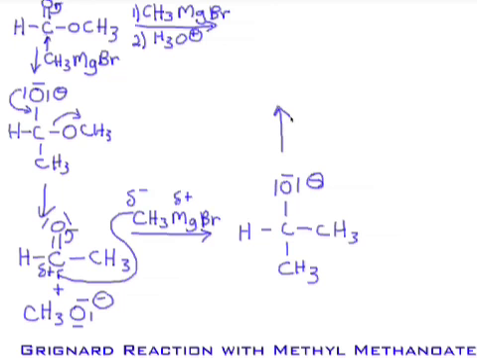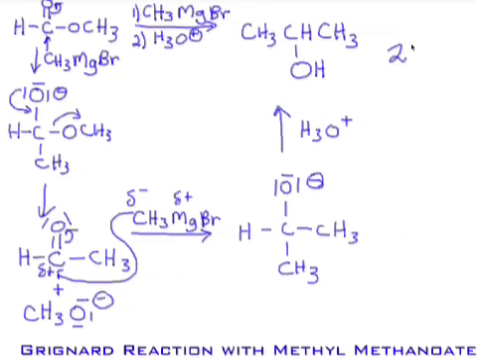So what happens next is our H3O plus is added to solution. We protonate, and you see what's going to happen. We're going to have a methyl, a CH, a methyl, an OH. Methanoates produce secondary alcohols.